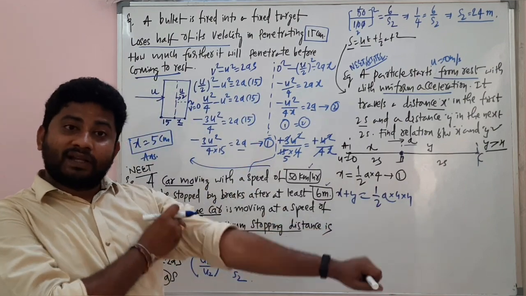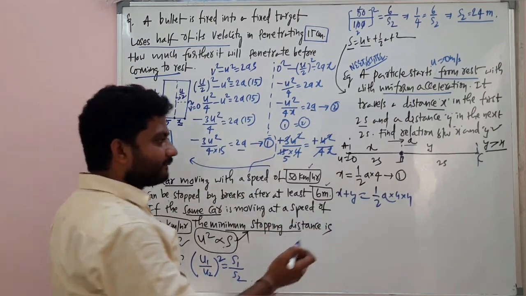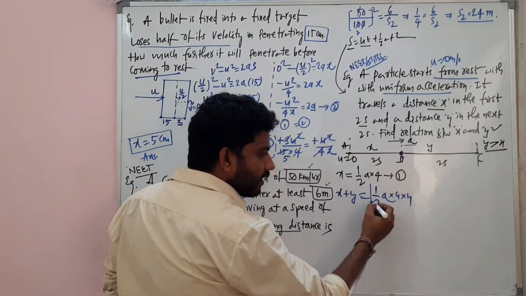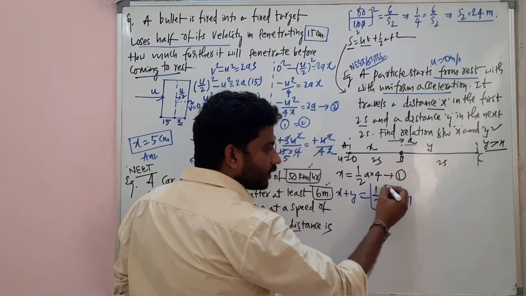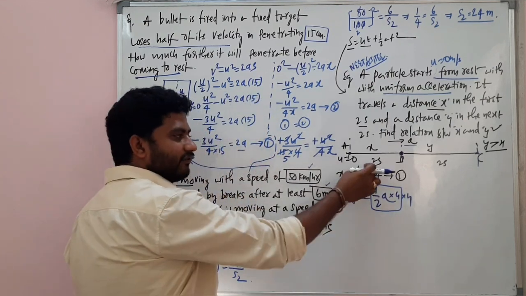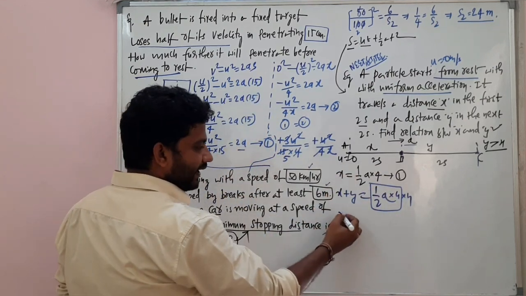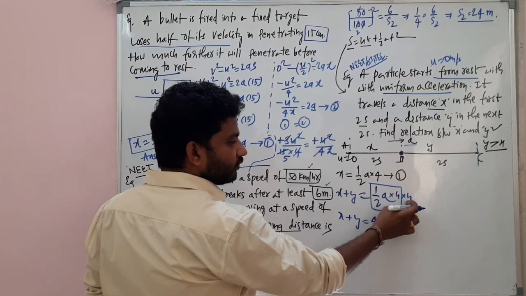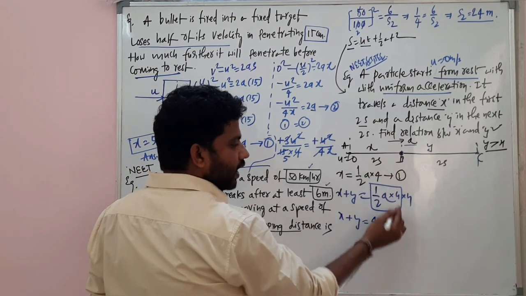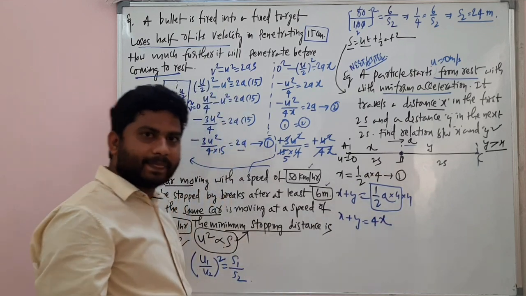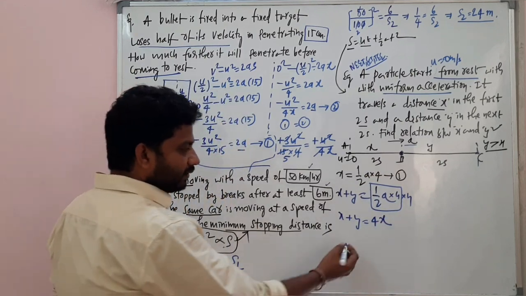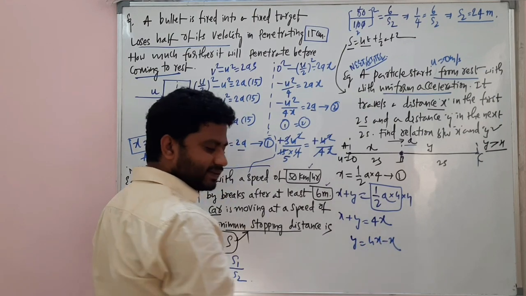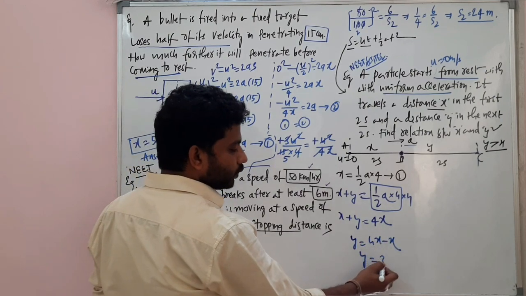Alright, we'll tell you the interesting thing. Half into a into 4, is it equal to x from the first equation? x plus y is equal to 4 into x. Now from here, y is equal to 4x minus x. So y is equal to 3x.